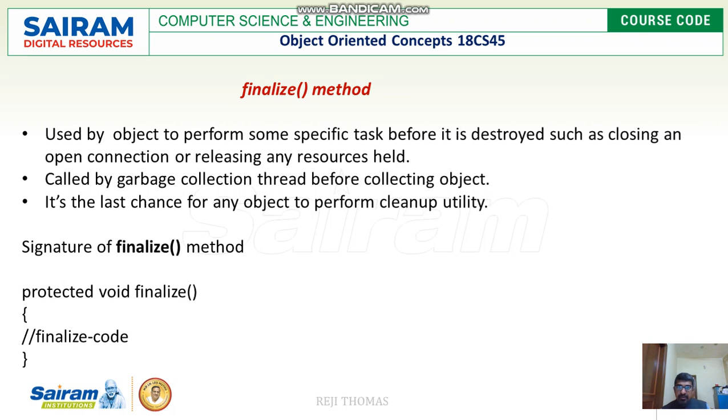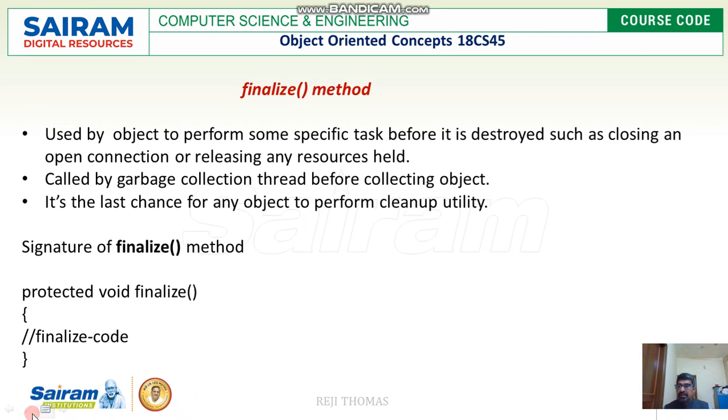Now, before the object gets destroyed, think that the object wants to do certain things. These things will be done by a method called finalize. Before the object expires, before it gets deleted, before memory gets released, what the object can do finally, we can write inside the method called finalize.